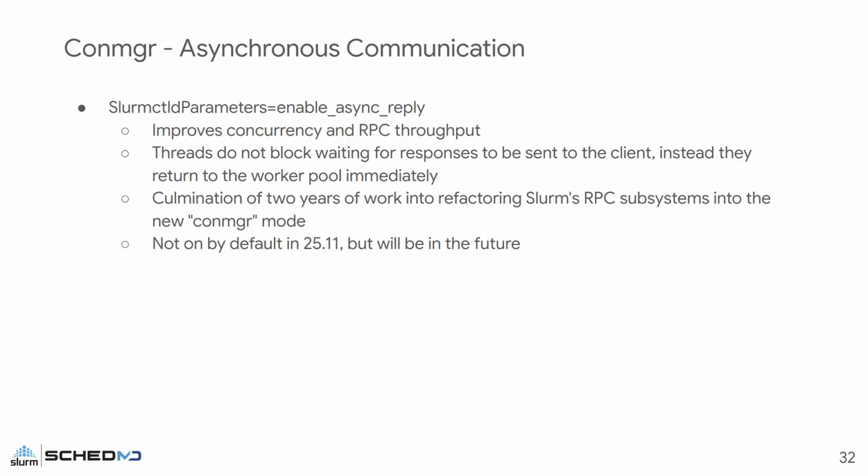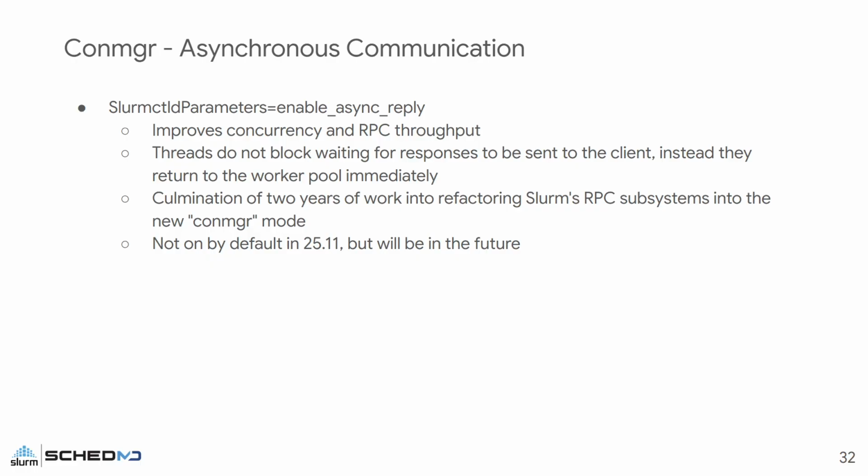Another bigger internal piece that's not directly visible, but we believe can significantly improve system resilience, is this idea of asynchronous responses to RPCs from the Slurm controller. This is another capability in the Conmgr subsystem that we've been pivoting all of Slurm's communication into.